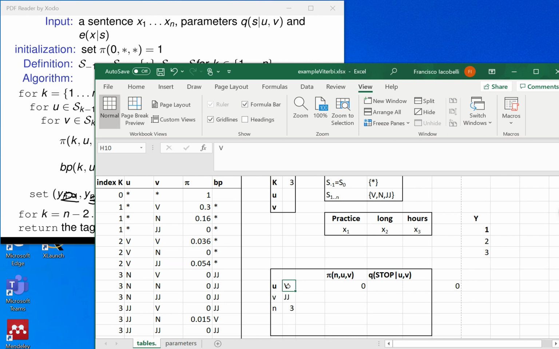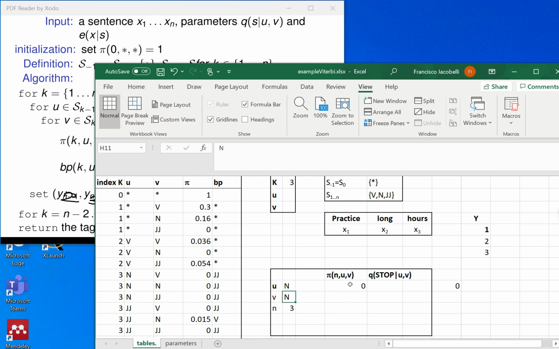I move this value up to n and this value goes back to v, iterating again. Pi of 3, n, v is 0. We move this one to n. I'm just looping through these variables through this set.